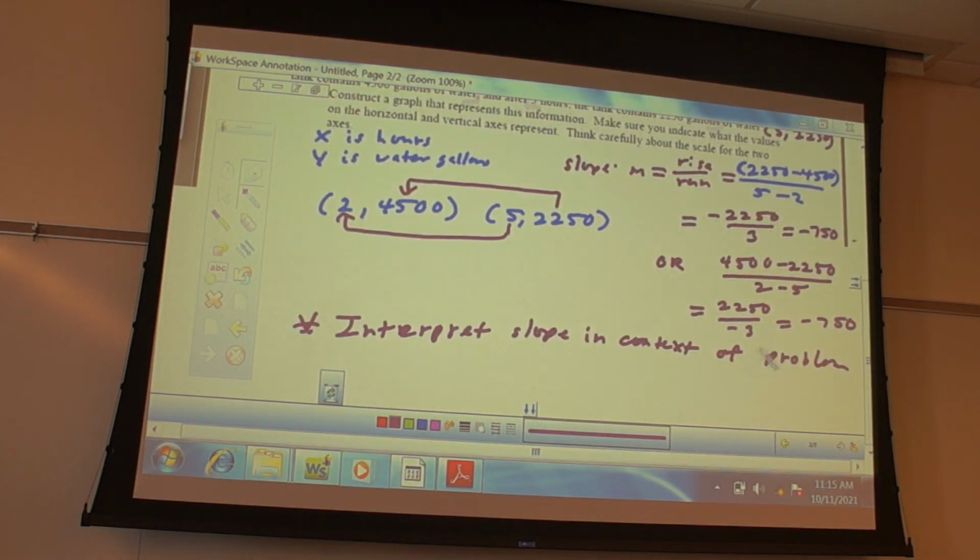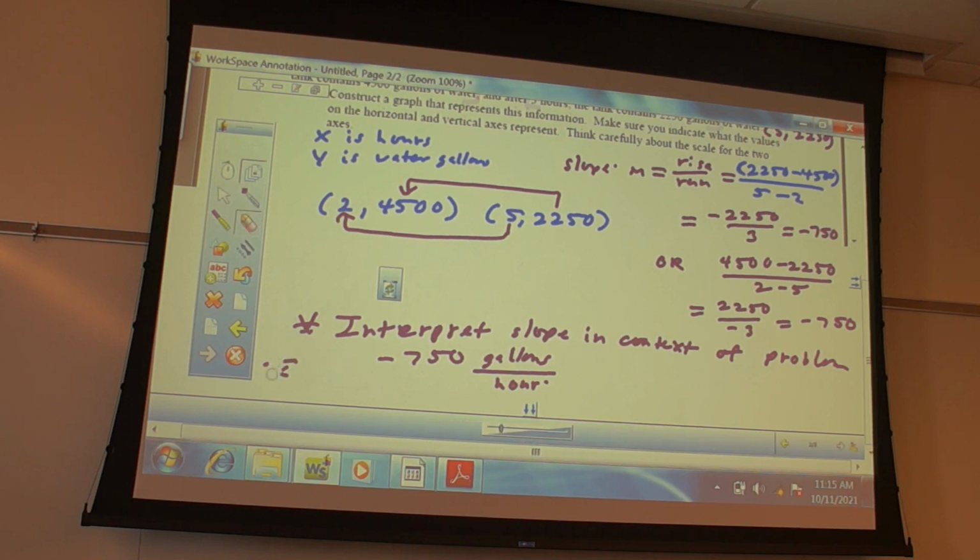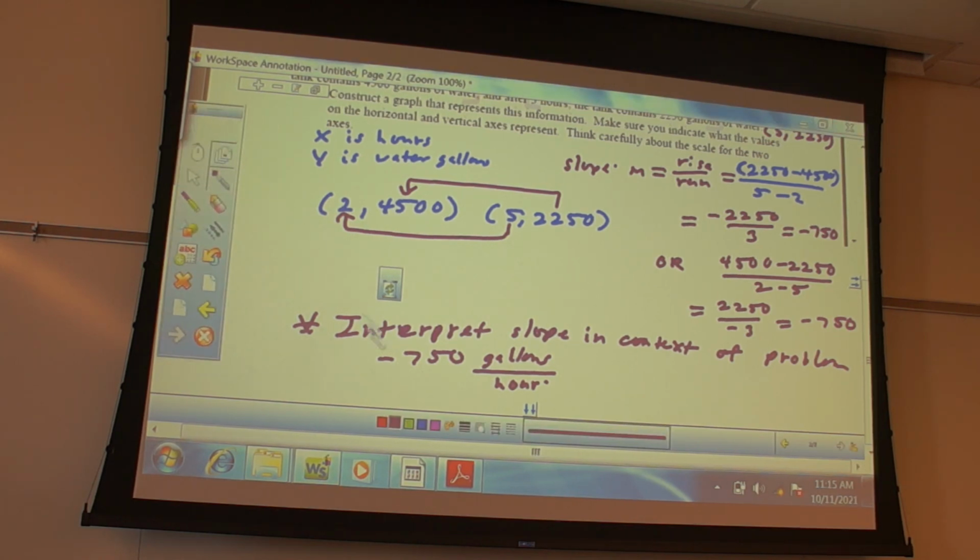So this is really negative 750 gallons per hour, because it's y over x, my change in y over the change in x.